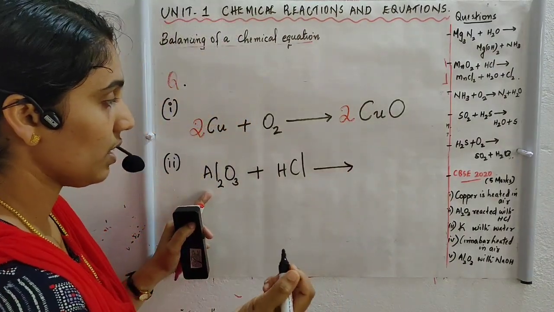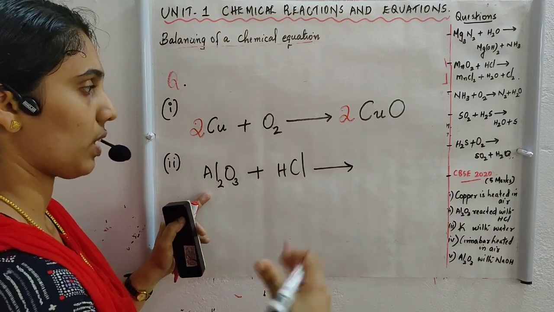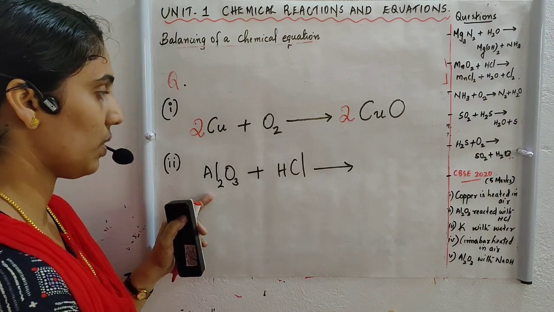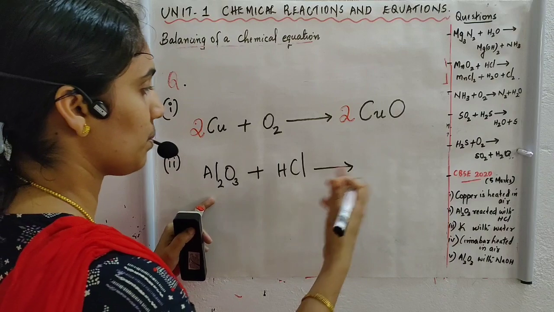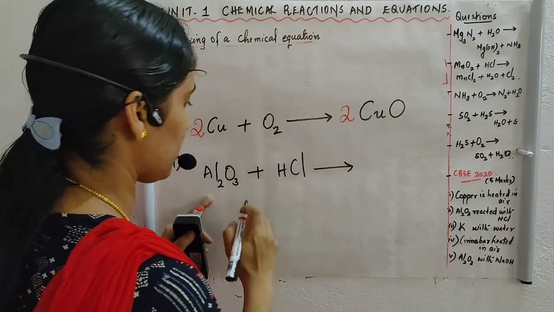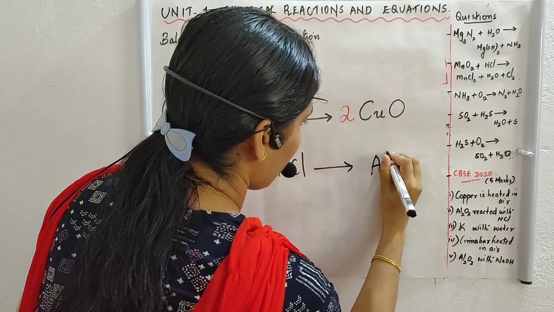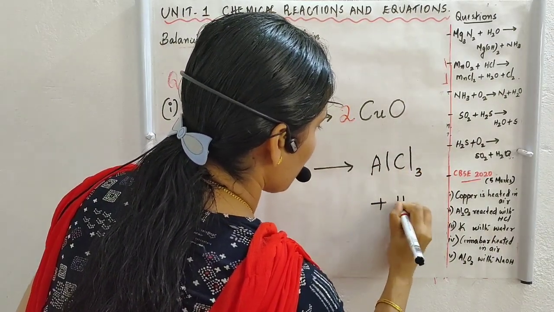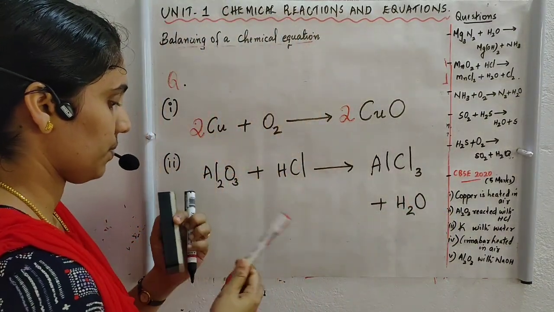In order to write the products, you have to learn more. But I'll write the product and we can try how to balance it. So the product will be salt and water: aluminium chloride plus water. So this equation, how to balance it?